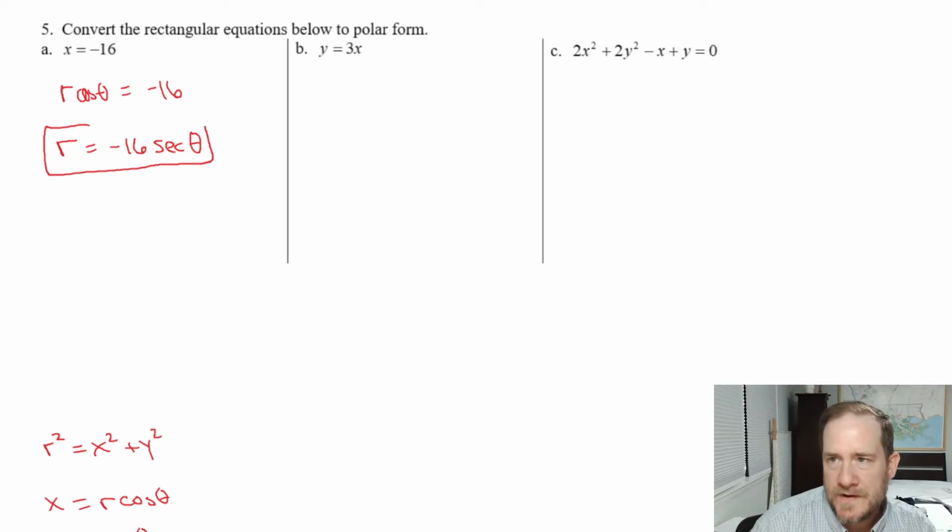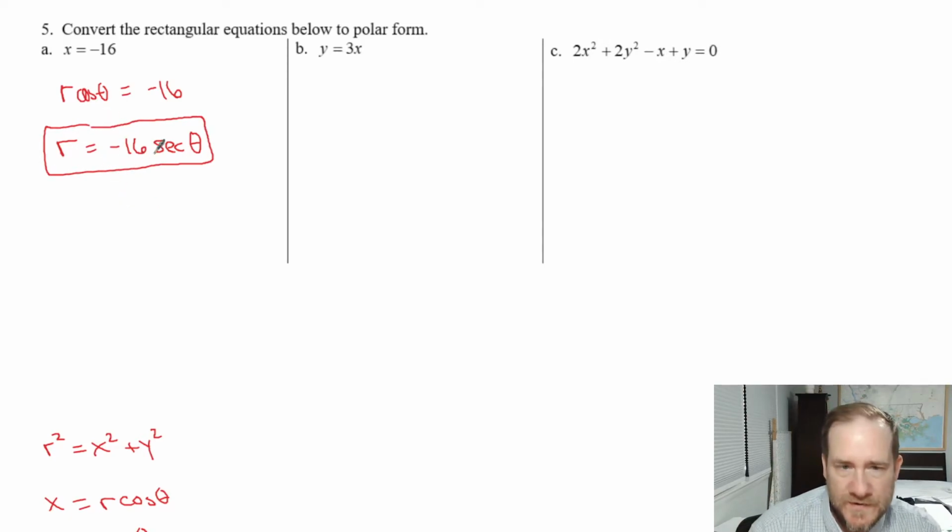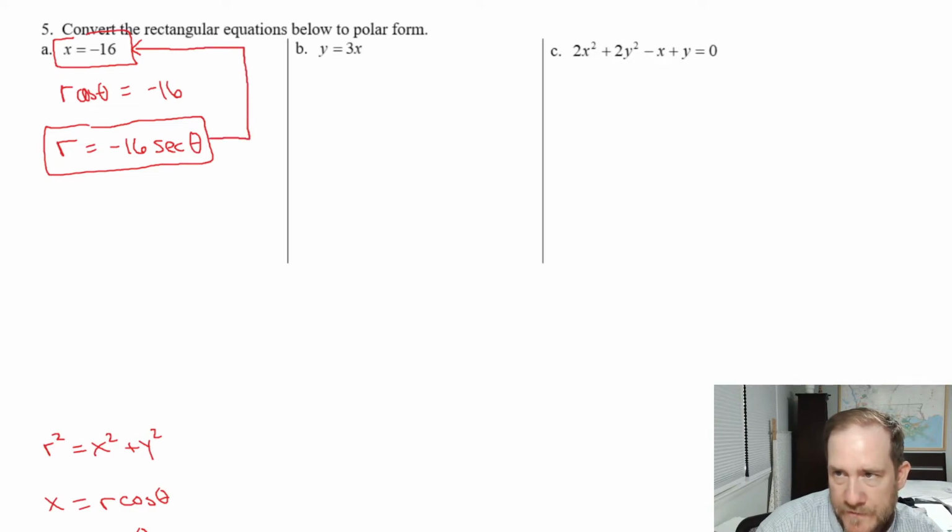And hopefully you've studied enough by now to know that this equation is the equation of a line, specifically a vertical line located at x equals -16. So it should make perfect sense to you that these two equations are equivalent, because you should know this is a line, this is a line.